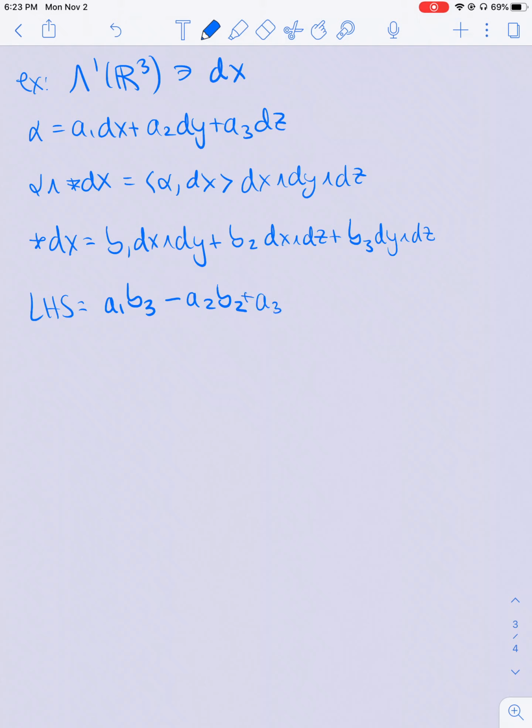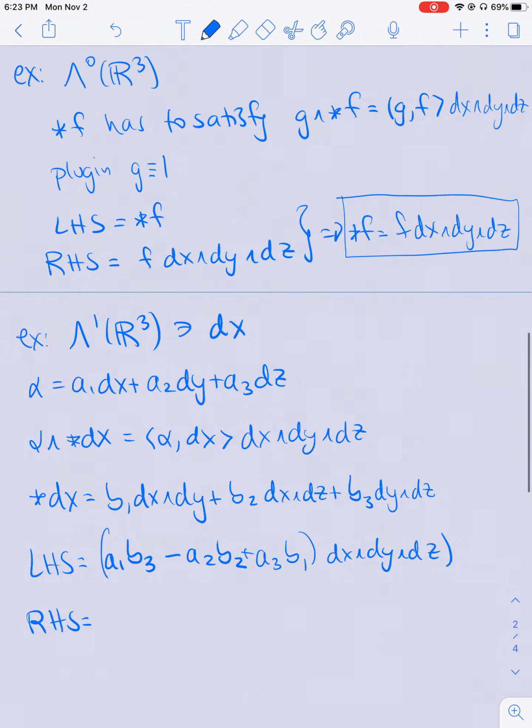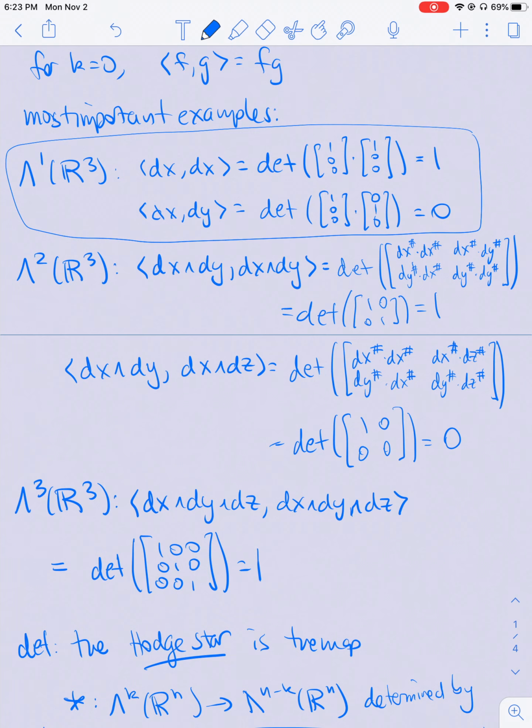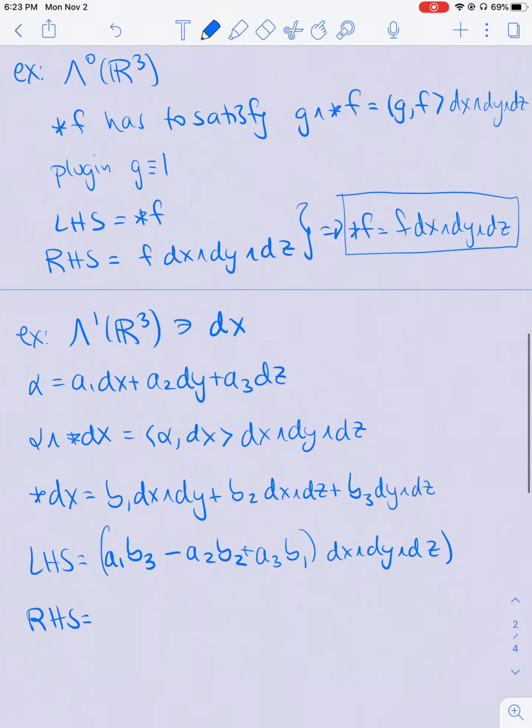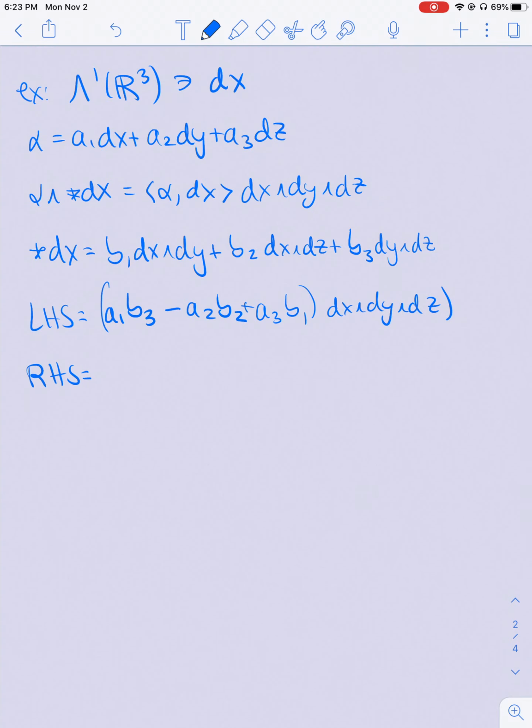Now the right-hand side is equal to the inner product of alpha with dx, and as you might expect from our computation up here, the inner product of alpha with dx is just going to give me the first entry in alpha, so the a1 entry, but let's actually compute it. So this is going to be the determinant of alpha sharp dot dx sharp, dx wedge dy wedge dz, and this is just a number, so I can just dispense with the determinant.